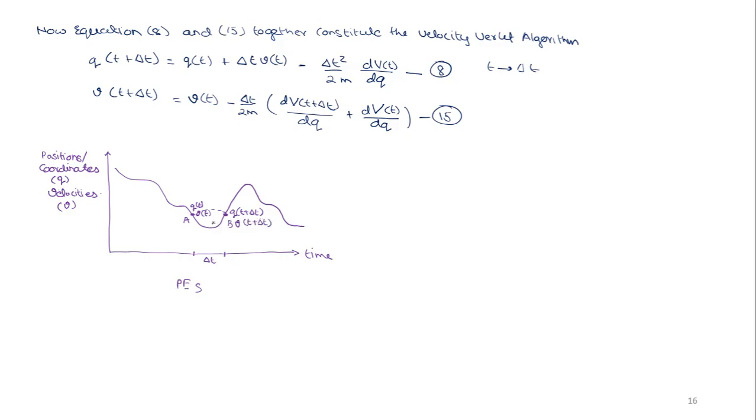We begin at some point where we already knew the positions and velocities of atoms in the system, that is q of t and v of t, and our objective was to predict the positions and velocities of the same atoms after this time delta t has passed. That is, we were interested in finding out the coordinate of our protein ligand system at time t plus delta t, and the velocity of atoms in our protein ligand system at time t plus delta t.